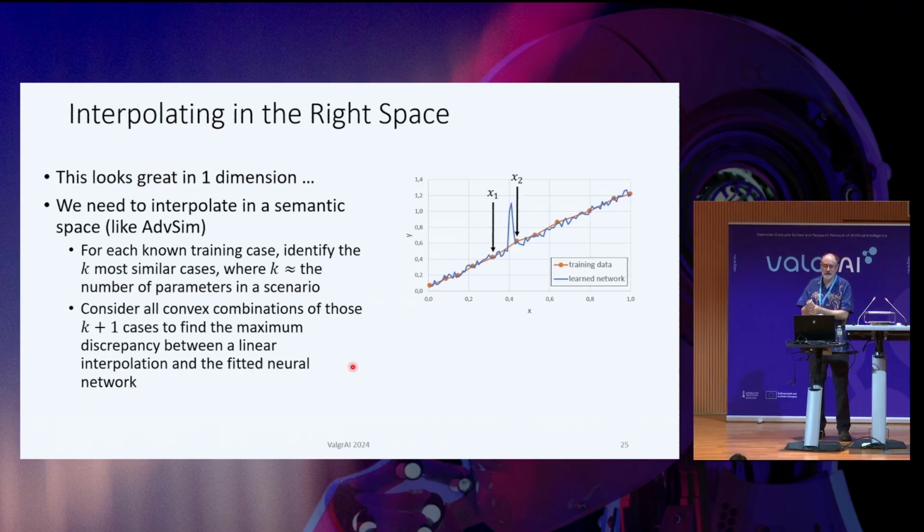So the idea would be, for each known training case, to identify say the 49 most similar training examples, where 49 plus 1, or 50, would be the number of parameters in the scenario. Then we consider all convex combinations interpolating between those points and try to find the maximum discrepancy among them.